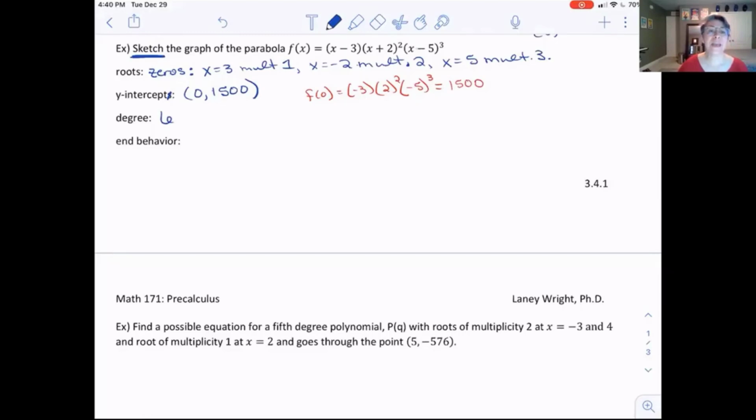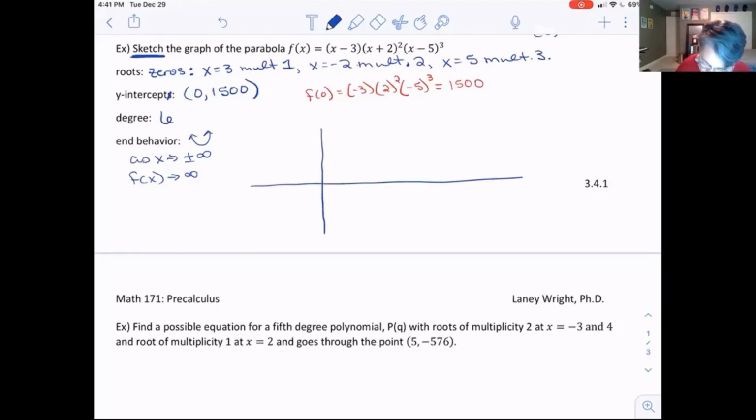And then the end behavior, notice the leading coefficient is just a positive 1, and it's an even polynomial. So that means it's going to do this. So as x approaches either positive or negative infinity, the graph is going to go up towards positive infinity. So let's take a quick sketch of what we think this guy is going to look like.